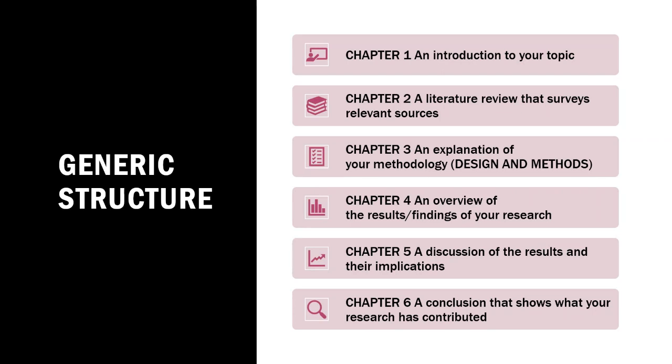So it's not only an introduction to your topic, but also an introduction to your study. We're going to go into detail for each of these chapters, but this is just to get a holistic idea. As I said, chapter 2 is usually your literature review that surveys relevant sources. You might have a separate chapter on your theoretical frameworks, or it might be included in chapter 2.